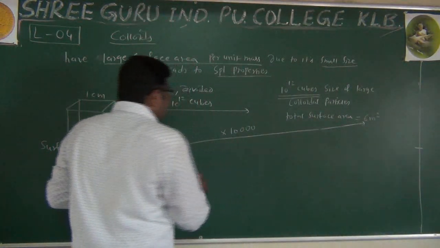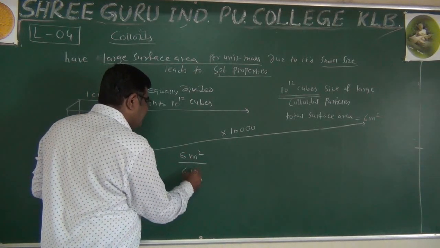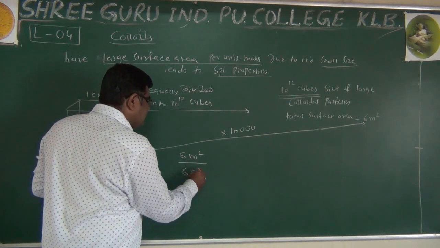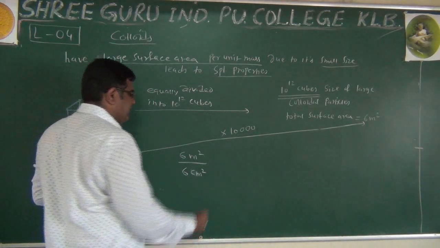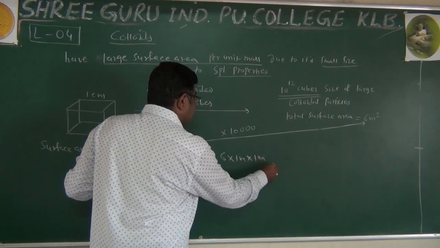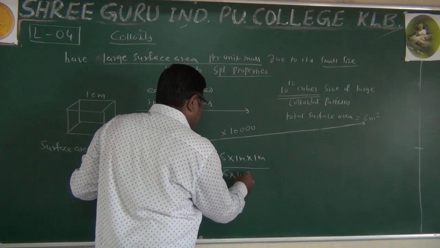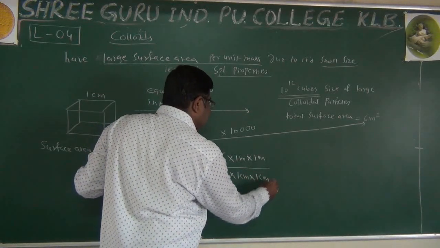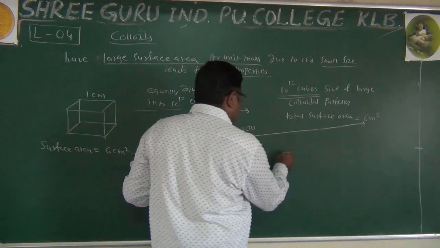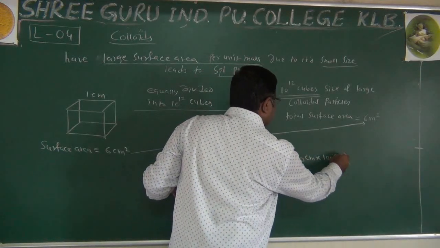Now how is it increasing 10,000 times? We take the ratio of their values. Surface area 6 meter square, 6 centimeter square. We can write this as 6 into 1 meter square over 6 into 1 centimeter square. 1 meter can be written as 100 centimeter.